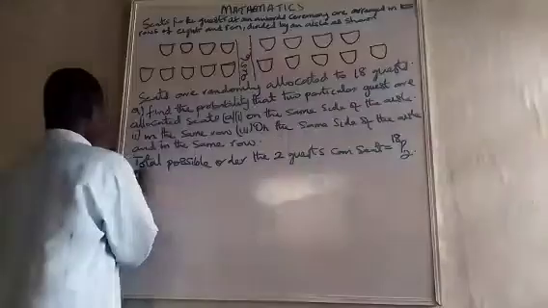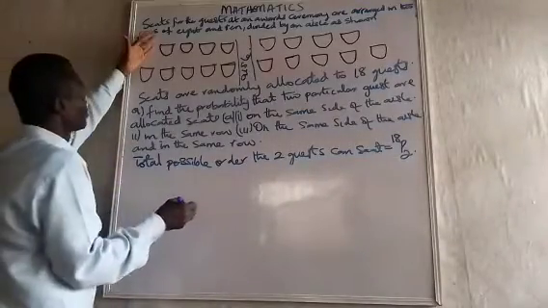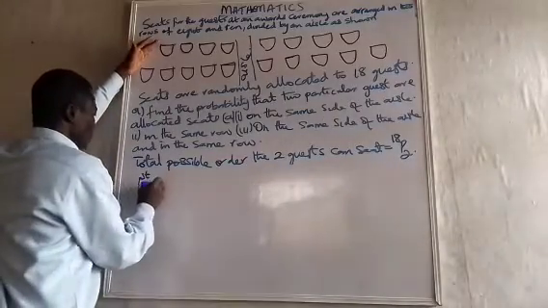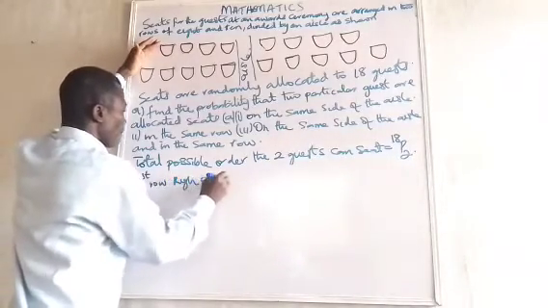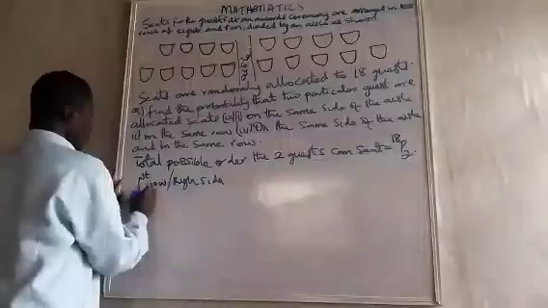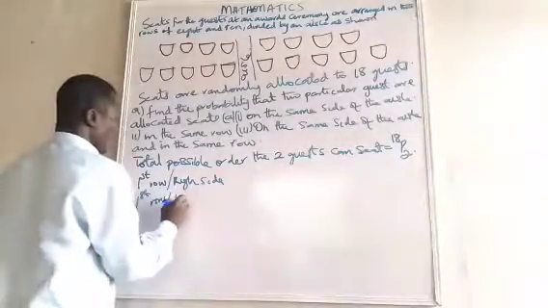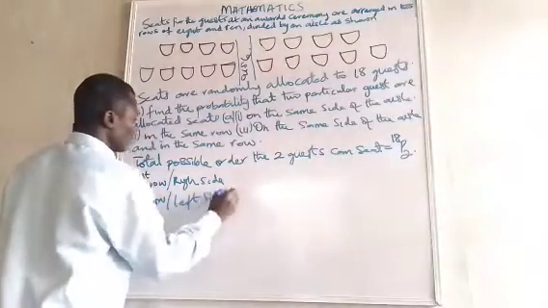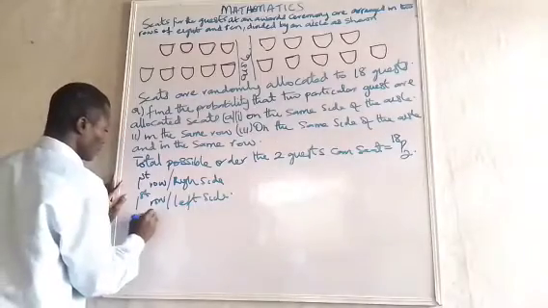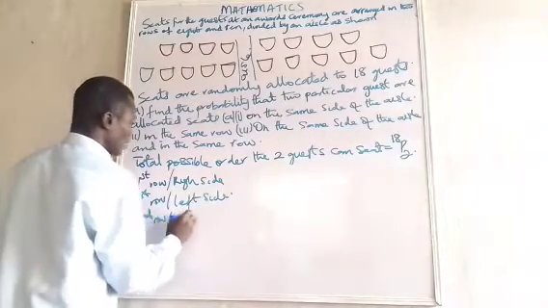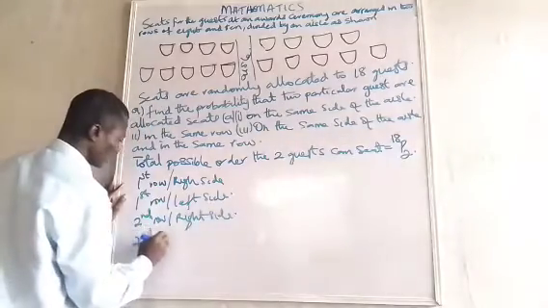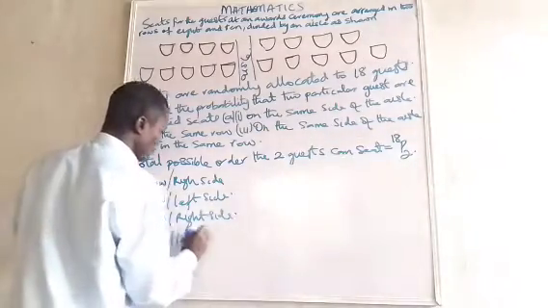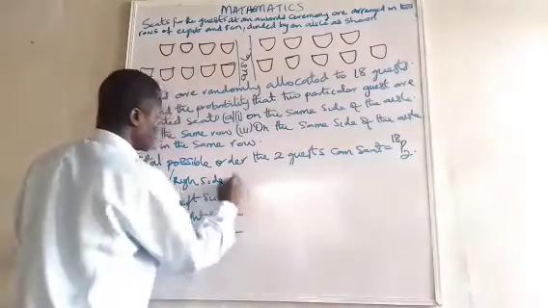Now, on the first row, right side. First row, left side. Second row, right side. Second row, left side. So what does that give us?